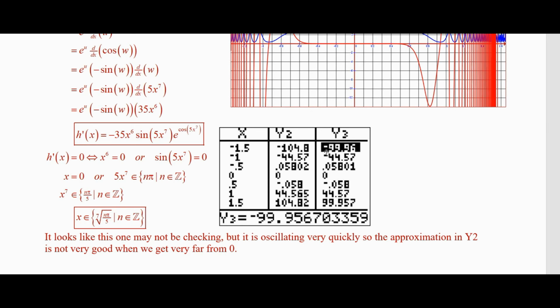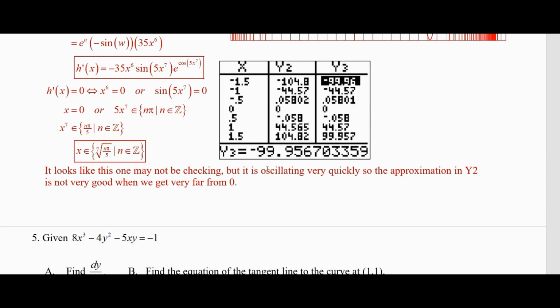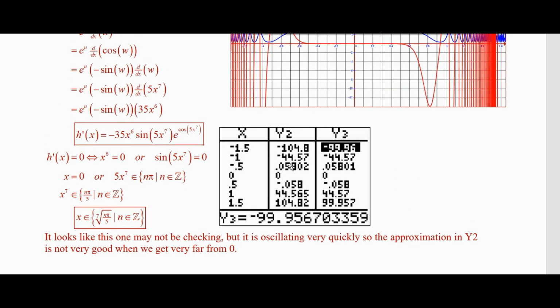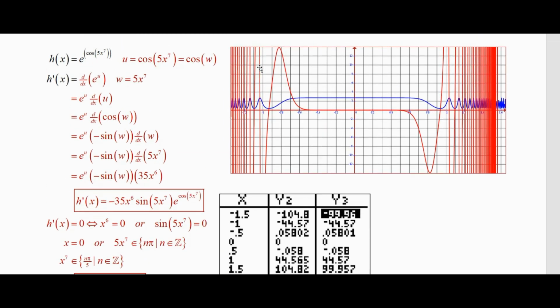Again, there's a check, a check there. The check may not look like it's checking, but it actually does. Because what's happening with this, the derivative is oscillating faster and faster and faster, as is the original function, as we go out.